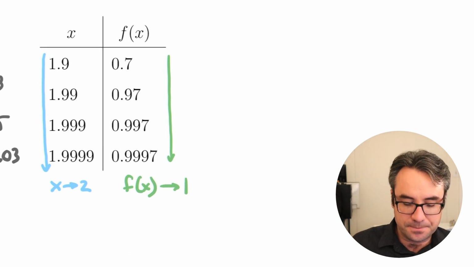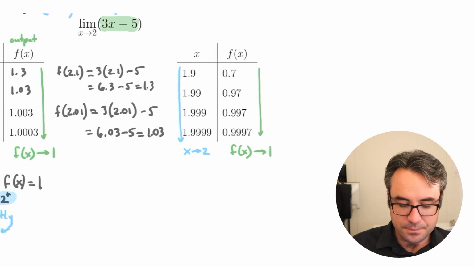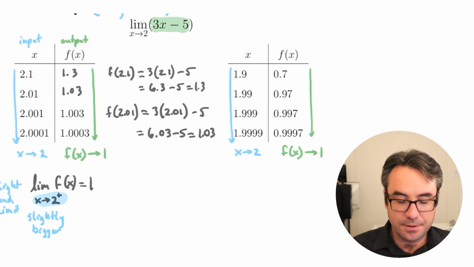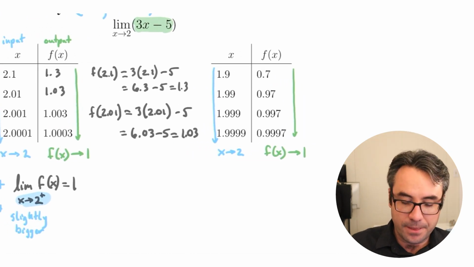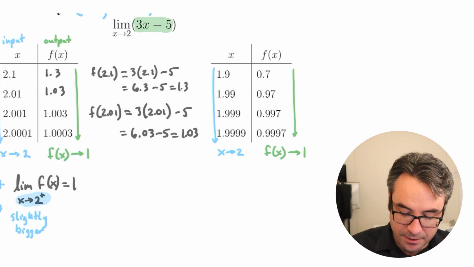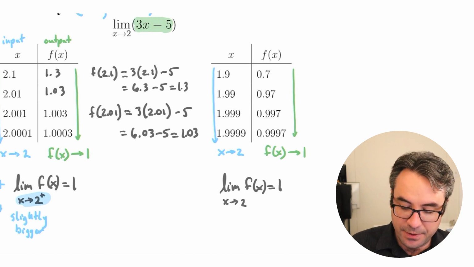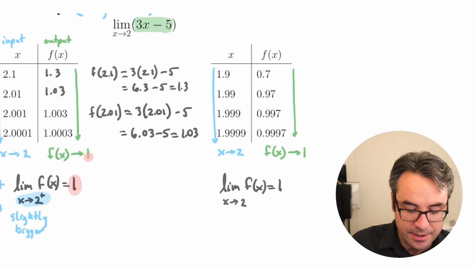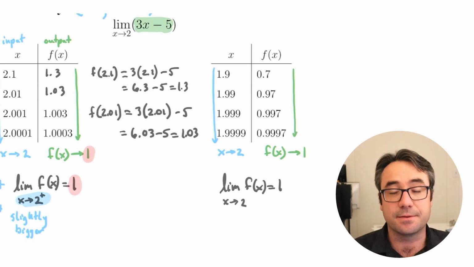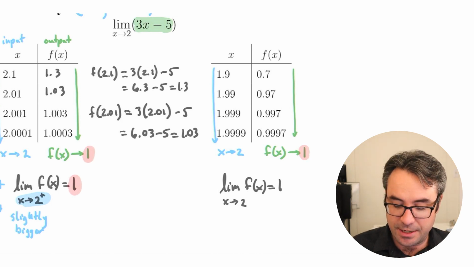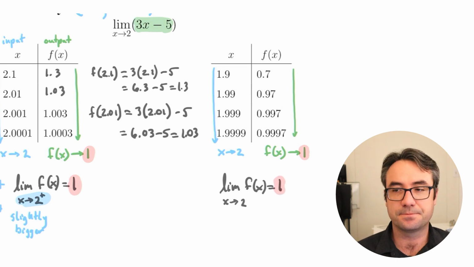And so when we do this, over here, we would say the limit of our function f of x as x approaches 2 is equal to 1. And the value that we are saying right here is the value that we're guessing. It's an educated guess, but it's a guess in the end.